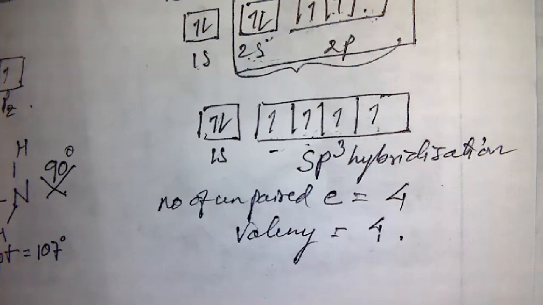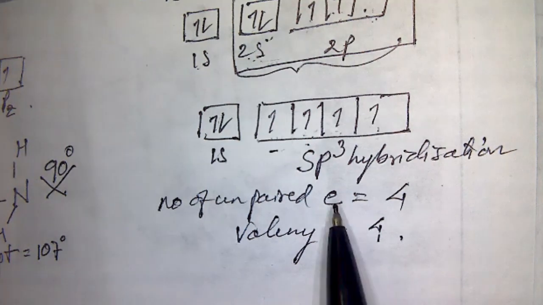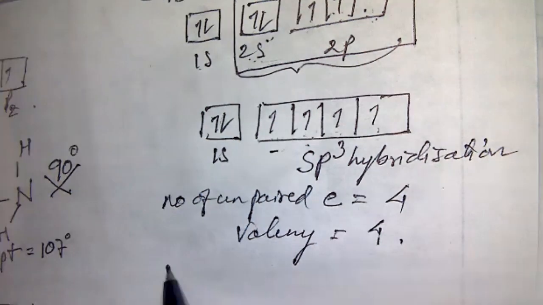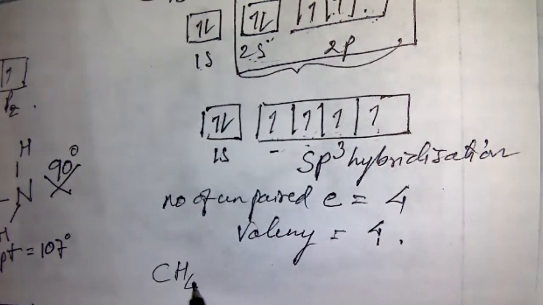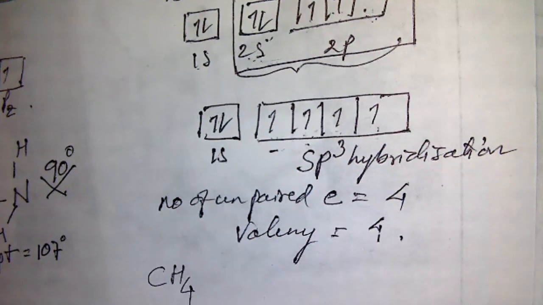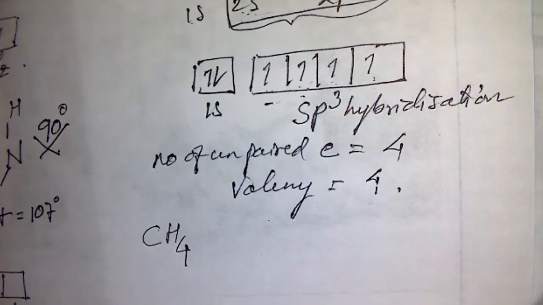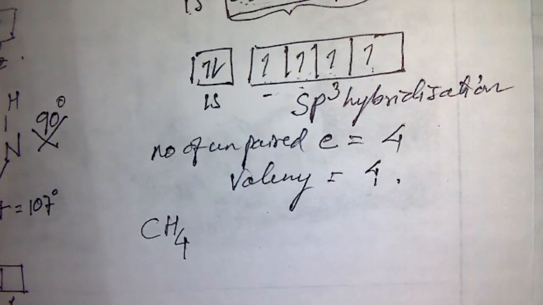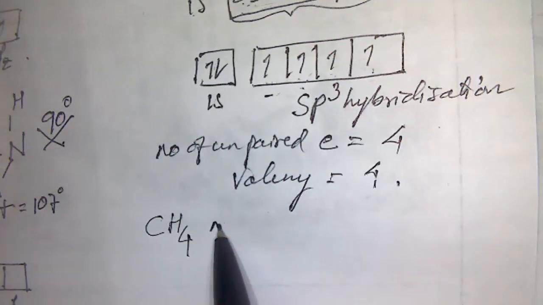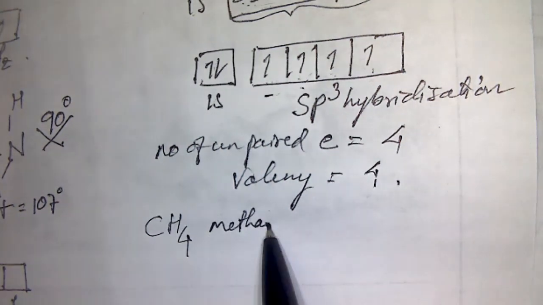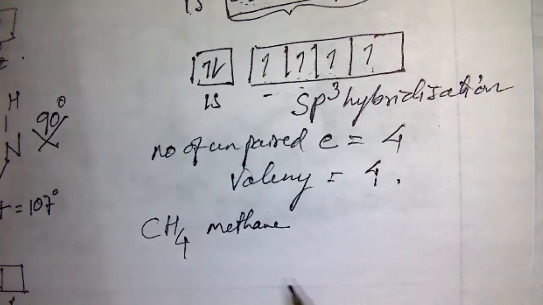So when they combine with 4 hydrogens, it will have the formula CH4. You know, CH4 is methane, isn't it? So methane, what type of hybridization does it have? sp3 hybridization. Clear? And this methane, sp3 hybridization is there, isn't it?